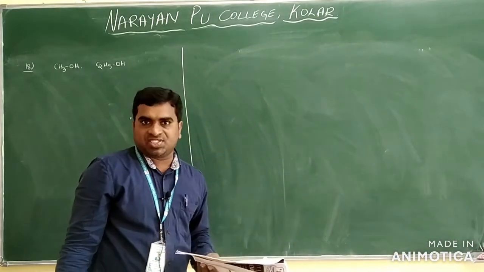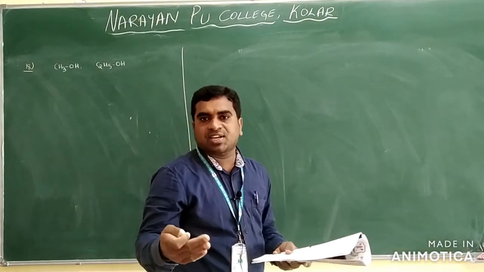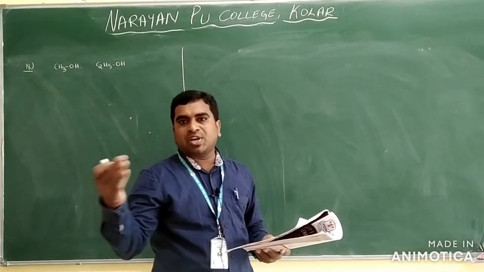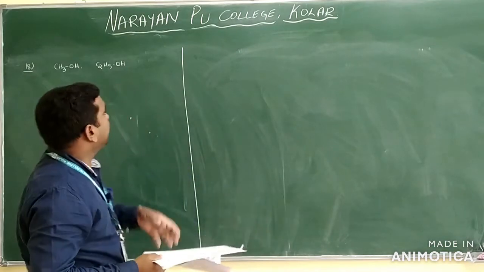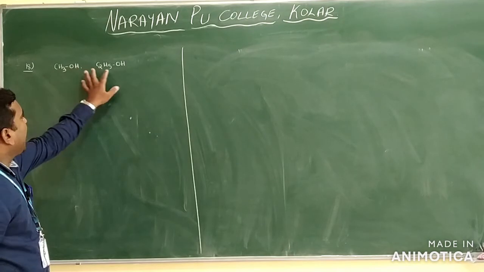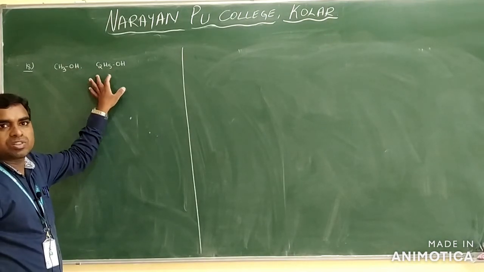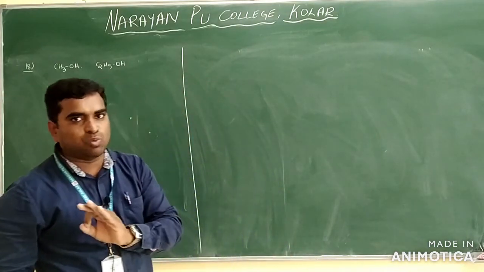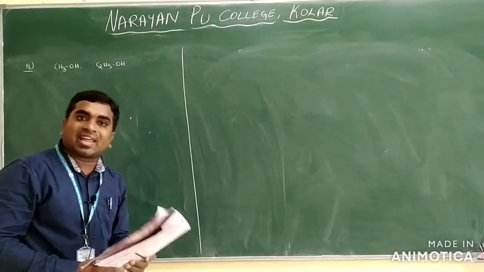Treated with Lucas reagent. Lucas reagent we have already discussed: tertiary alcohols give turbidity immediately, secondary alcohol gives turbidity within 5 to 10 minutes, and primary alcohols will not give turbidity. Methanol is a primary alcohol, and CH3CH2OH is also a primary alcohol. So both will not give turbidity with the Lucas reagent, so using Lucas reagent we cannot distinguish.